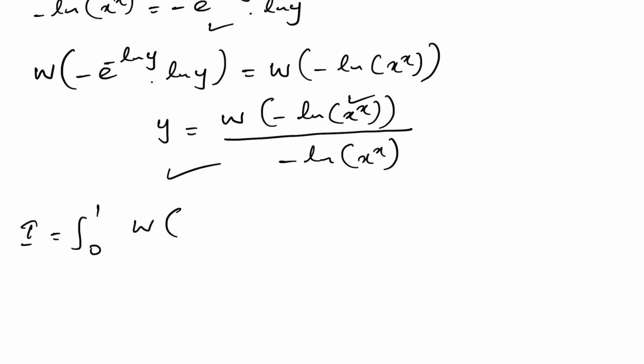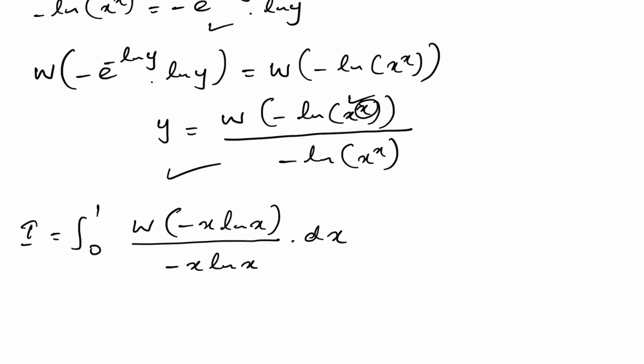According to the property of natural log, this x we can write in front of the natural log. So we have W of minus x times natural log of x over, same as the numerator, minus x times natural log of x, dx.